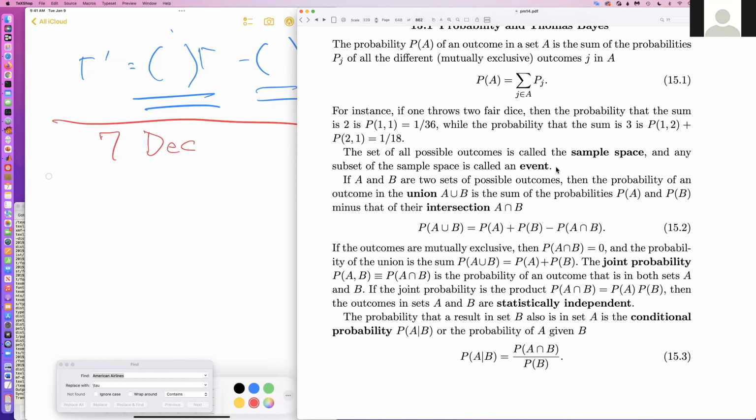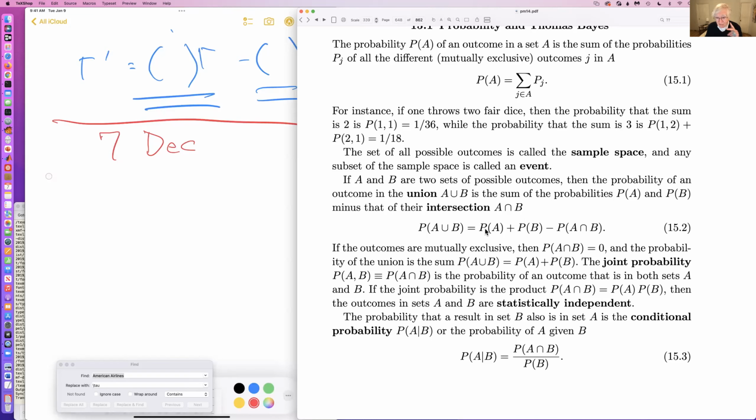If A and B are 2 sets of outcomes, of course, in ordinary language, we call outcomes events or results. The probability of an outcome being in the union is the sum of the probabilities minus the probability of the intersection.